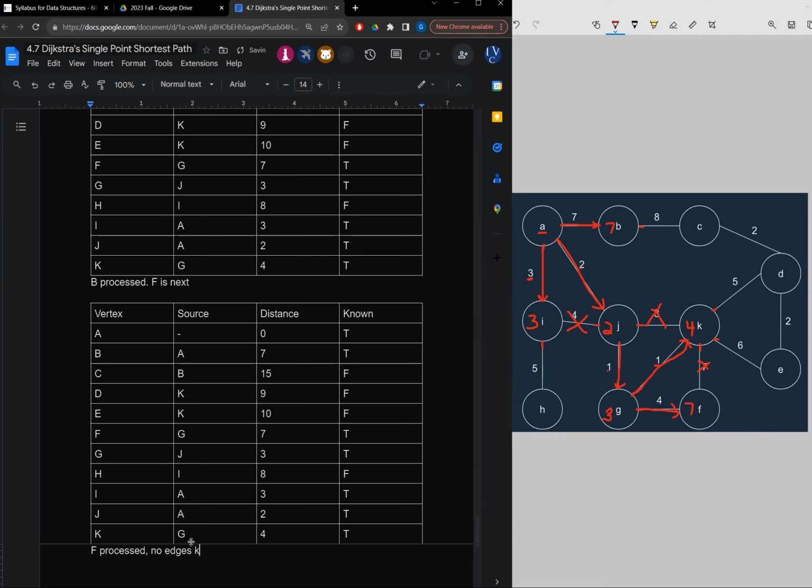No edges to update the table with. Right, because those edges have already been processed, so that data is already in the table. Yeah, we're always building shorter paths first because that's how we're going to end up with our shortest path, by building short paths.